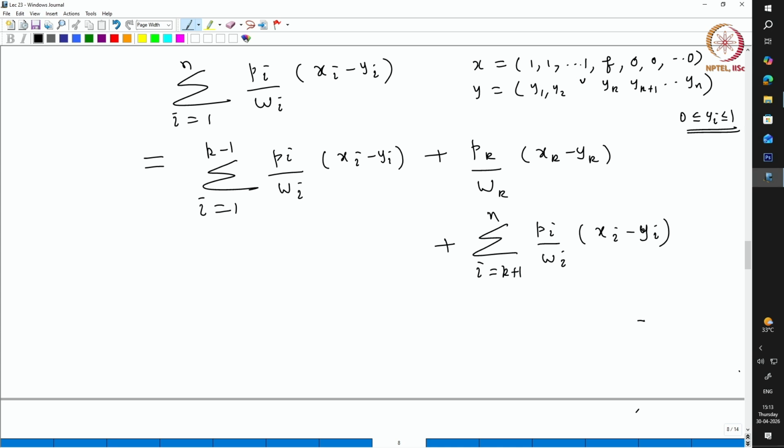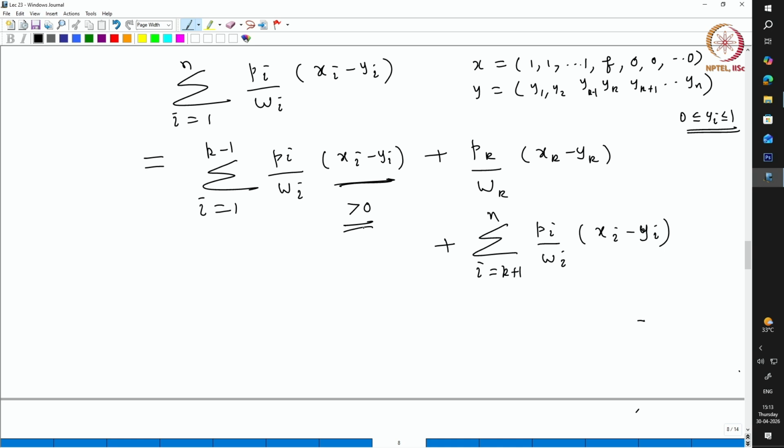Therefore, up to k minus 1, all these things are positive, because xi is 1; if y is 1, that term will not be there, but if it is less than 1, xi minus yi is a positive quantity.